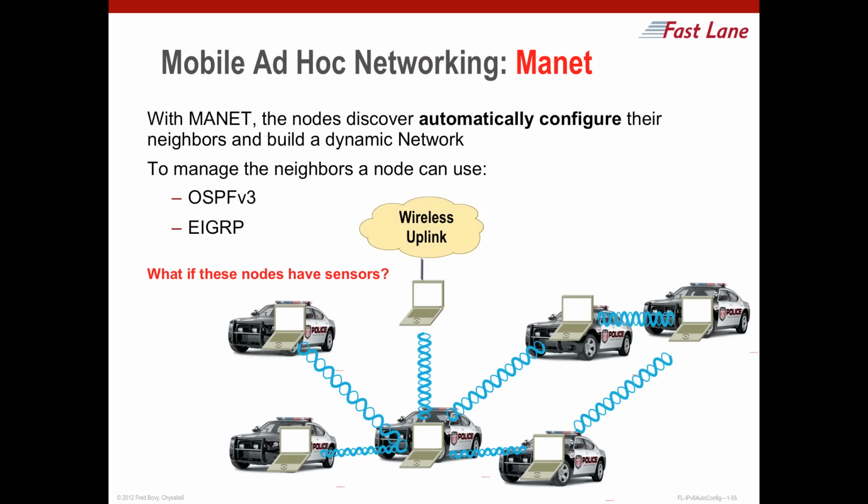Another application is mobile ad hoc networking. This function permits to discover automatically your neighbors and to build dynamically a network which is managed, and this can be very useful, for instance, for a fleet of police cars, because they discover their neighbors and they automatically build a dynamic network using mobile IPv6 infrastructure. Very important.